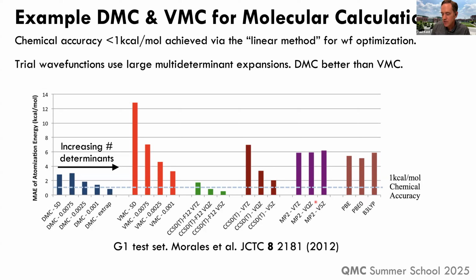So I will try and dig that out and put that on the Slack later. So it depends is the answer to the question. It's not large, I would say, with typical wave functions, but it's not guaranteed to be zero. One has to be careful in the construction of the wave function.